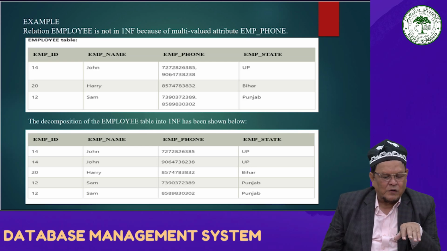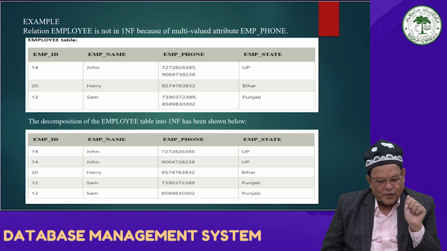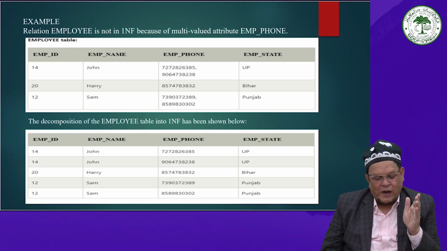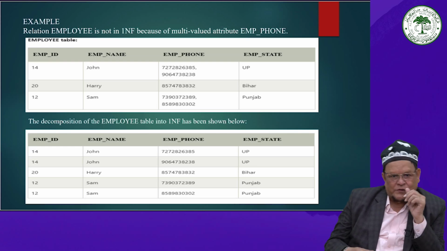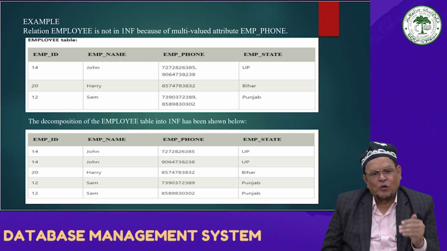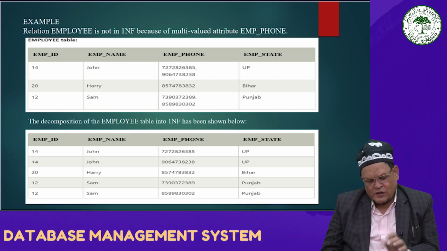Here, the phone number for employee ID 14, named John, has two phone numbers, 7272826385 and another. Then we have to decompose the employee table into first normal form, and it will become like this: employee ID, employee name, and phone. Here the employee phone attribute must have an atomic value, so we have divided it into two rows. In this way, we are able to convert this relation into first normal form.